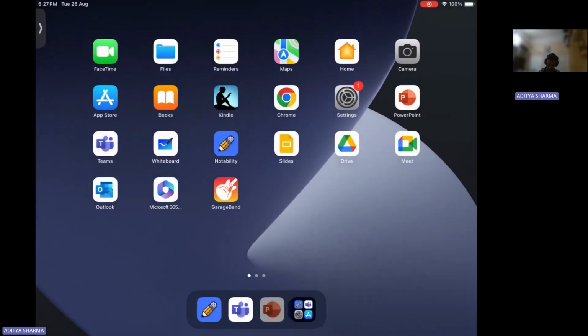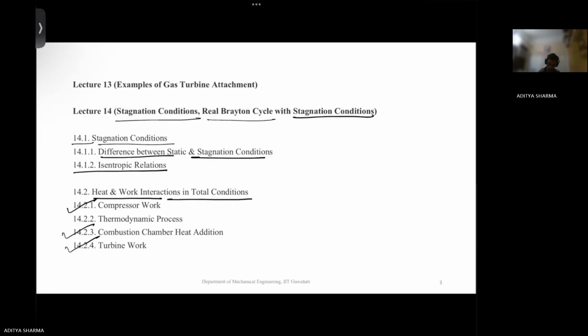Then the next topic is combustion chamber heat addition.